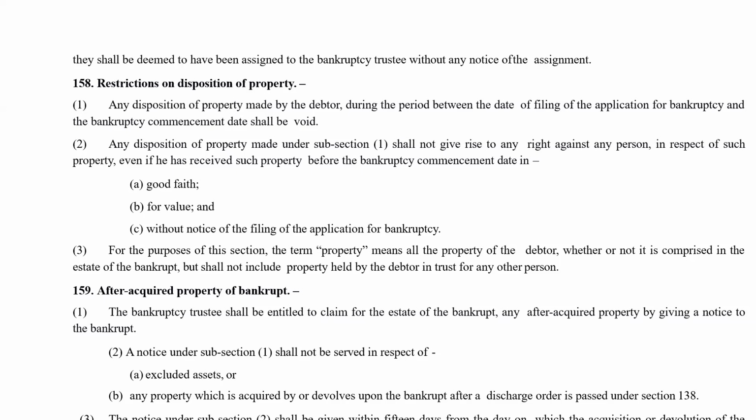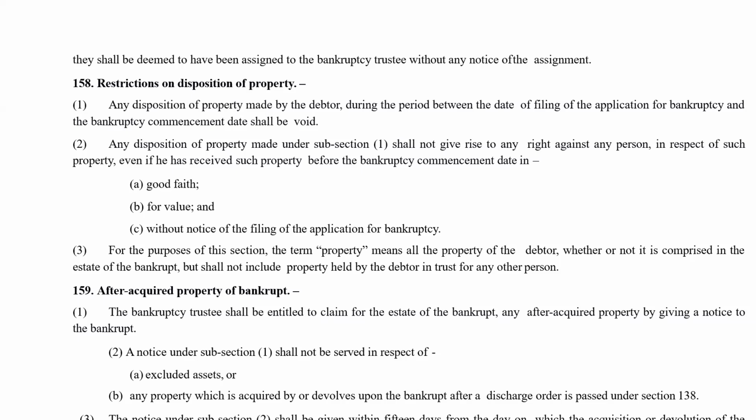The answer is given in section 101. Section 101 2C says that during the moratorium period, the debtor shall not transfer, alienate, encumber, or dispose of any of his assets or his legal rights or beneficial interest therein. But this restriction is after the insolvency commencement date.